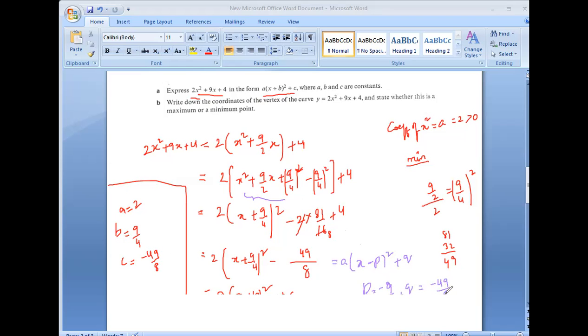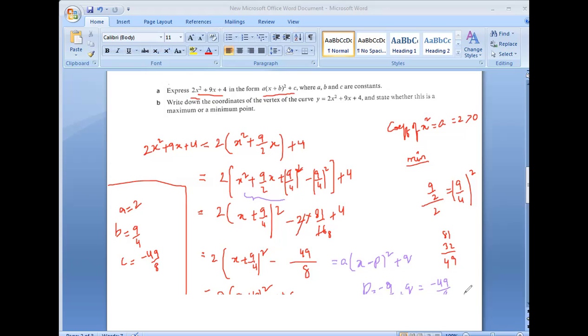Therefore the minimum point is p comma q, that is minus 9 by 4 comma minus 49 by 8.